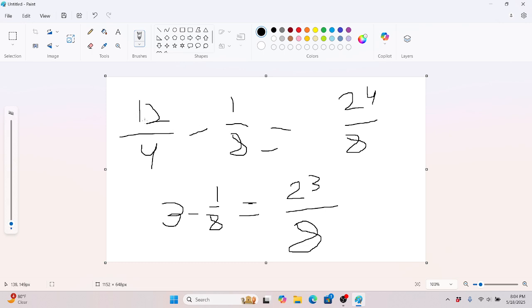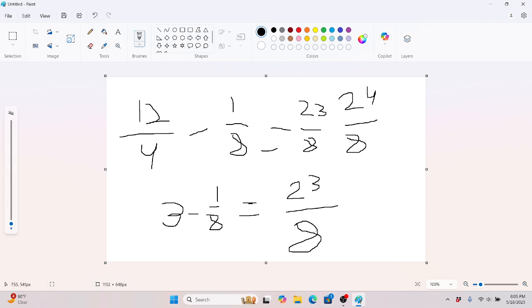But you figured this out. This number is 24 over 8. So 24 over 8 minus 1/8. The denominators stay 8. And then this is 24 minus 1, which is 23. And then you want to solve that.